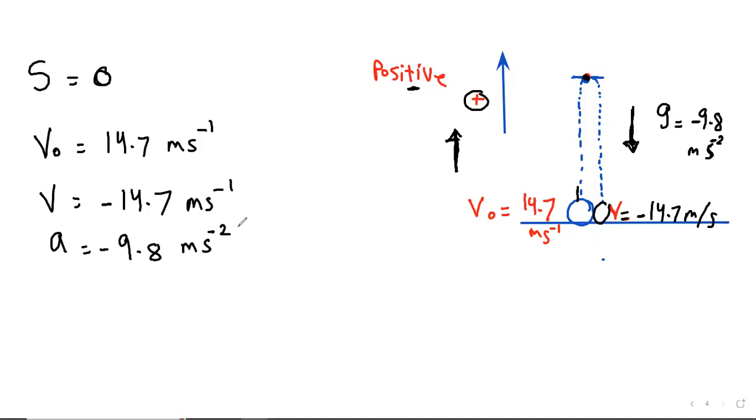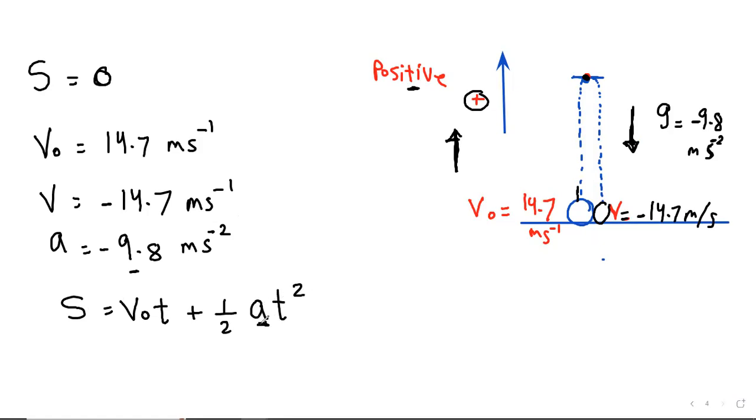And as I said, some people ask, why do we keep it as minus here? Because the gravity is in the opposite direction of the positive sense we have assumed. So here we are going to use this rule, which is S equals V initial T plus half AT squared.